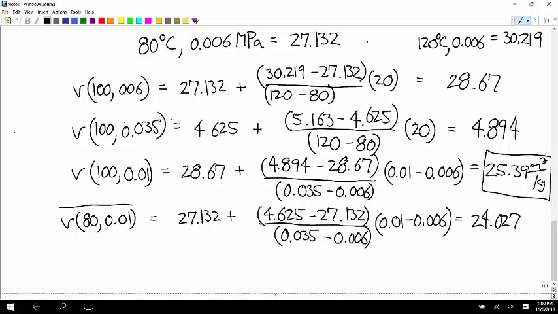0.027. Okay, and then specific volume at 120 and 0.01.